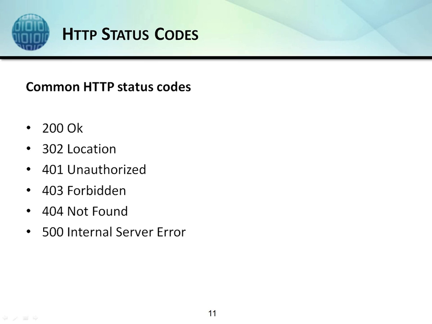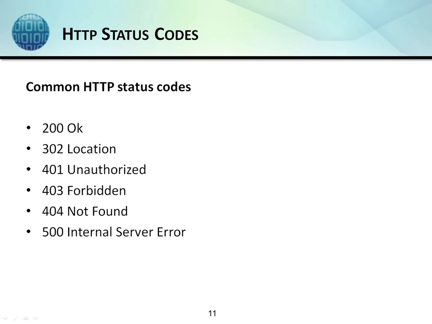So it basically tells the client, you're not authorized for this, supply a username and password. 403 Forbidden is a request for a valid resource. However, you're not permitted to access it, even if you have valid credentials. Essentially, there's some other control in place that's preventing you from retrieving that resource. It could be, for example, a file system permission that's preventing access.